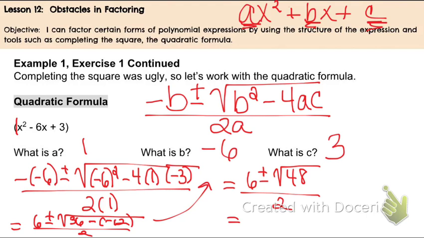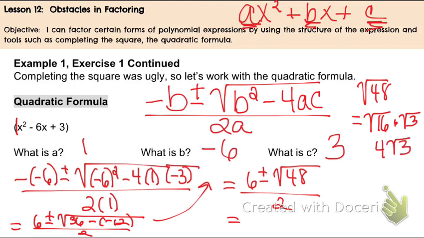48, I can break up 48 into 16 times 3. So I'm just going to rewrite it as the square root of 16 times the square root of 3. So I get 4 times the square root of 3. So I've got equals 6 plus or minus 4 times the square root of 3 all over 2.